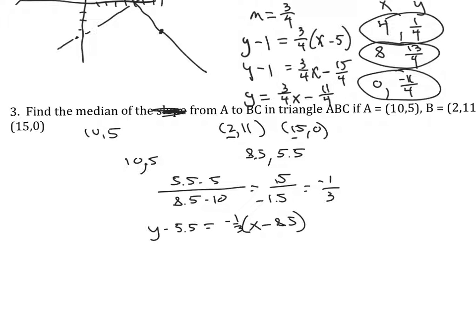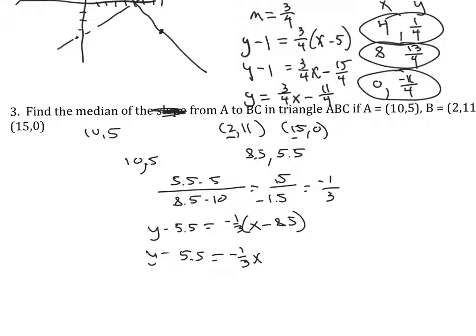And if we want it in slope-intercept form, we start with y minus 5.5 equal to negative 1/3 x minus negative 1/3 times 8.5.